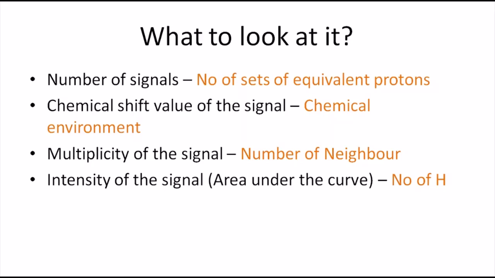Actually we calculate the intensity as the area under the curve, and that's why you can see in most NMR spectra there is an integral symbol across each signal. If there is an integral symbol and some value over it, that means the area is calculated, and that is the value of the area of the peak.